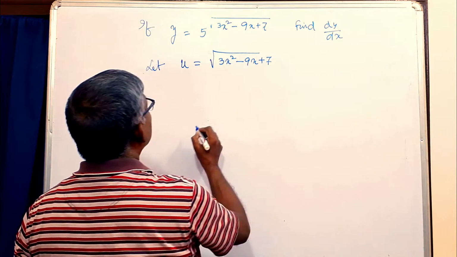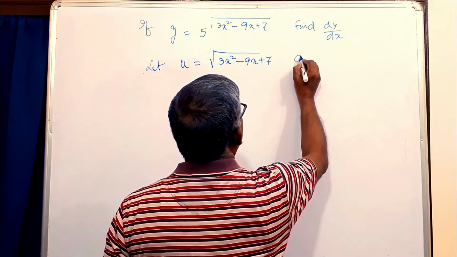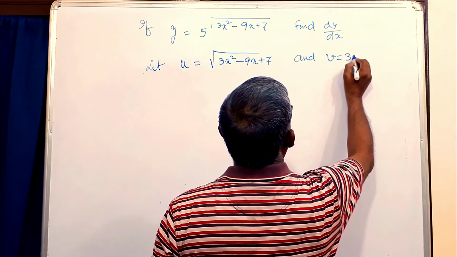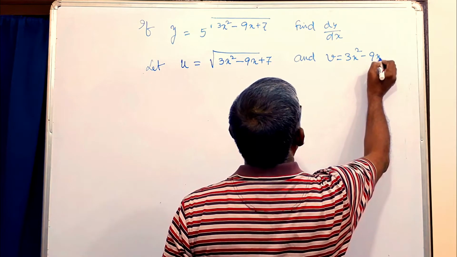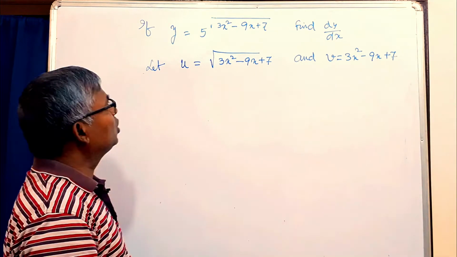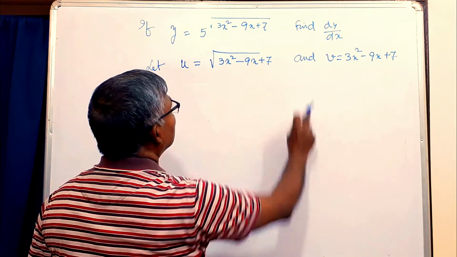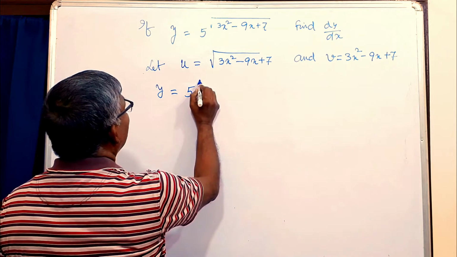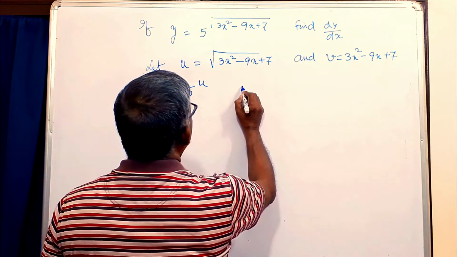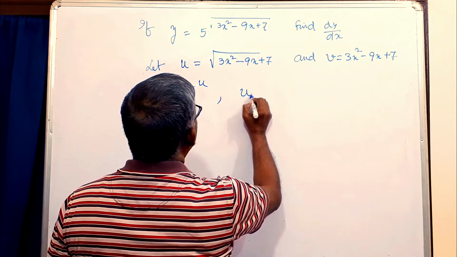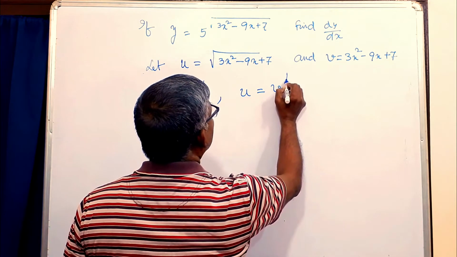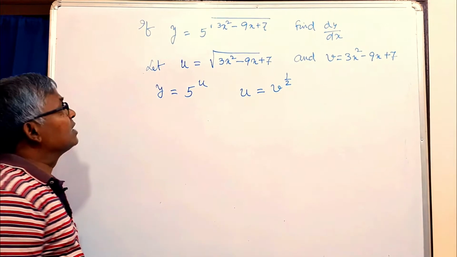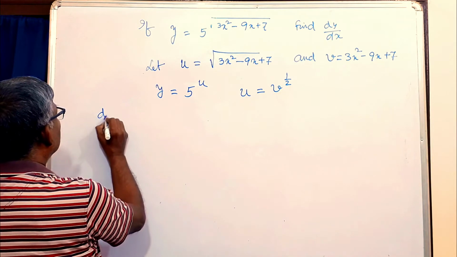So we get, and here also let v equals 3x square minus 9x plus 7. So from this relation we can write y equals 5 to the power u, where u equals v to the power half and v equals this. So students, we have to find out dy/dx.